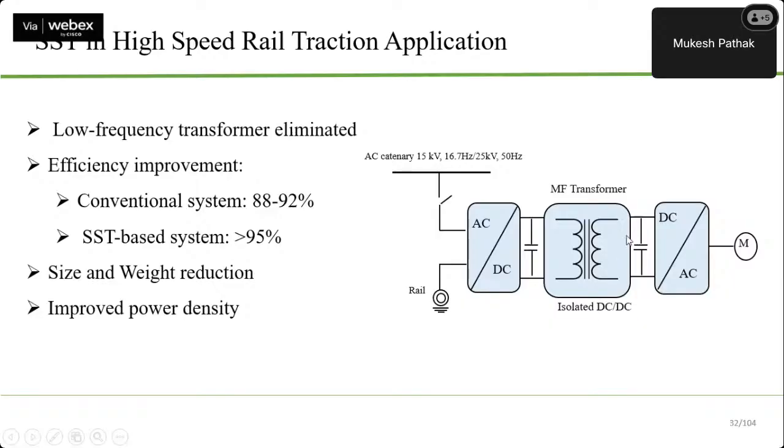This reduction in weight brings a lot of positive change, because this traction transformer is placed in the locomotive. So if you are carrying a 100 kg transformer instead of 1000 kg, it makes a lot of difference.